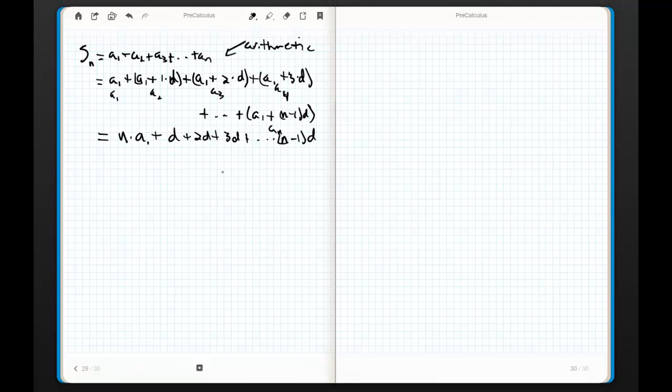This is where it can get a little bit crazy, with this last term. I'm going to write this as N times D minus D. Now, you may be tempted to cancel that D with that D, but we're not going to do that. We're going to do something a little fancier here.